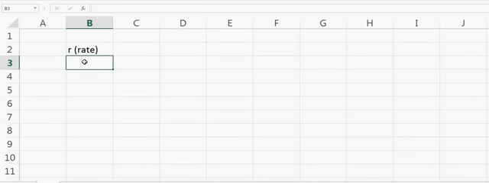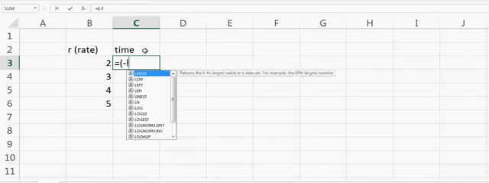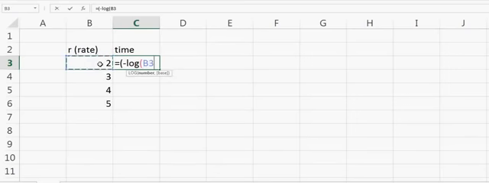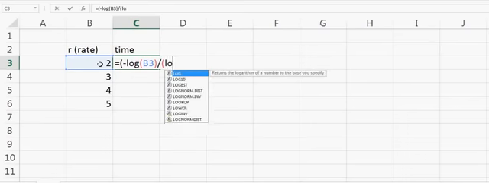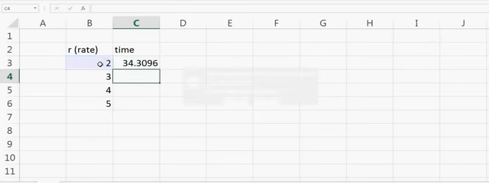So that's equal to 2, 3, 4, 5, and we have different inflation rates, and this is our time. So the time for your money to become half will be equal to minus log of 2 divided by log of 1 minus R. So I'm dividing it by 100 because it's in percentage, and that's your time.